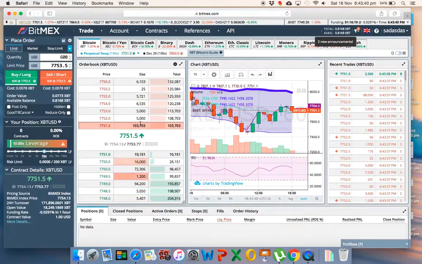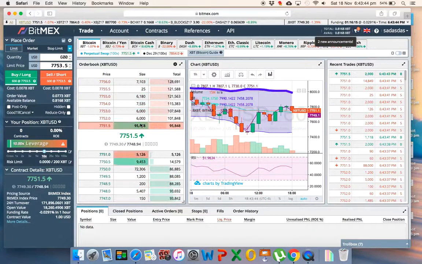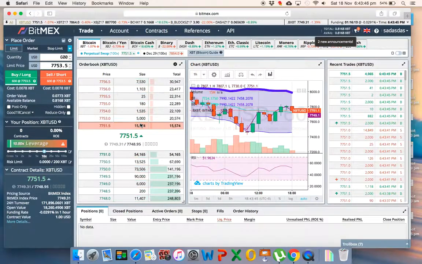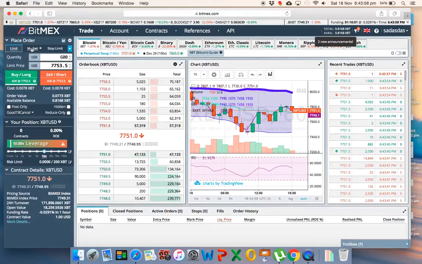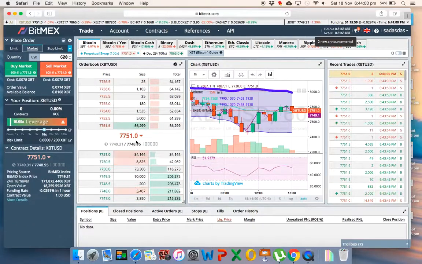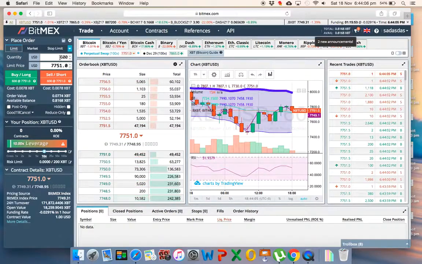I would say there isn't a best way, because each has its pros and cons. With a limit sell or limit buy, you might be able to get it at a discounted price, but you might sometimes miss the point of entry. Whereas with market, you get to buy immediately, so you have no issue of missing the entry. And the next thing we're going to talk about is how you place your order.